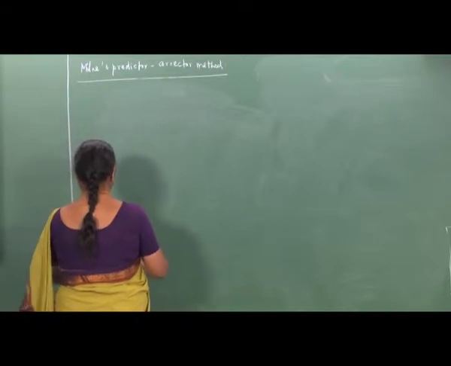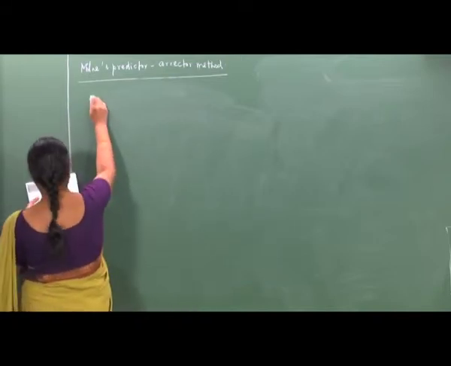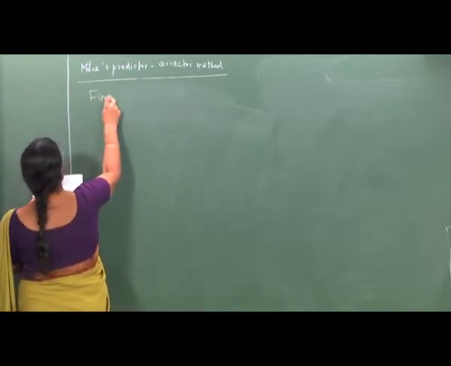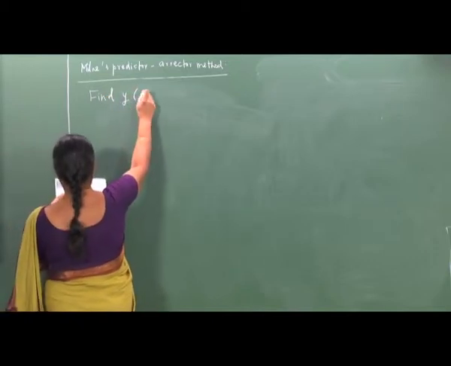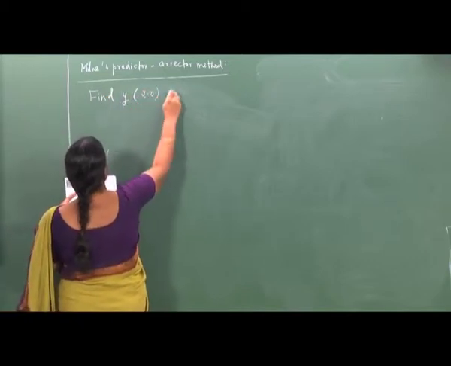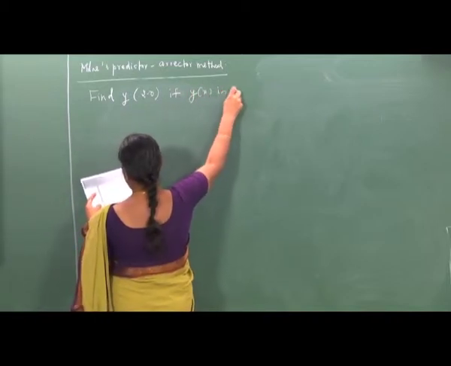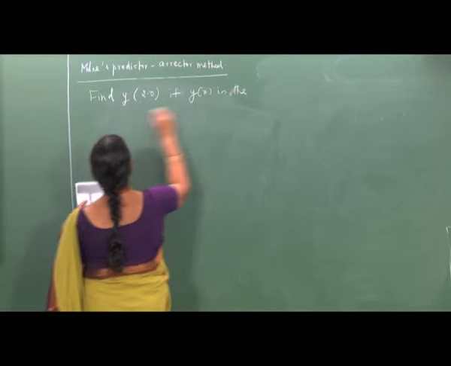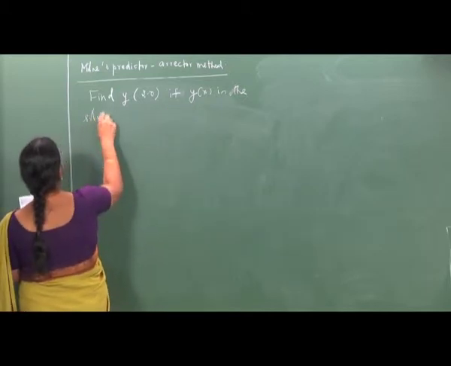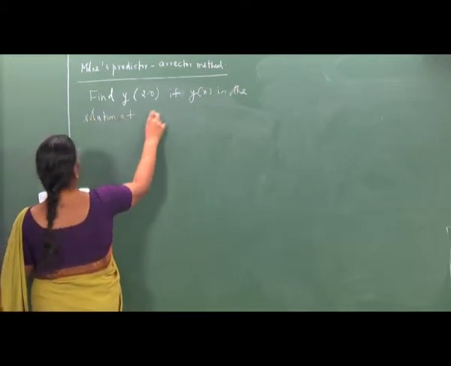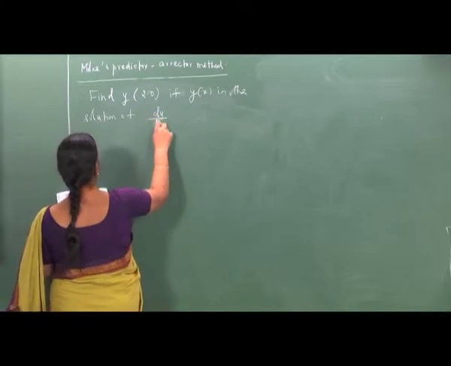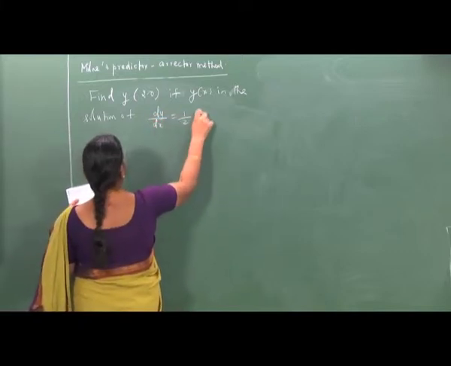Find y at 2.0, if y of x is the solution of dy by dx equal to half of x plus y.